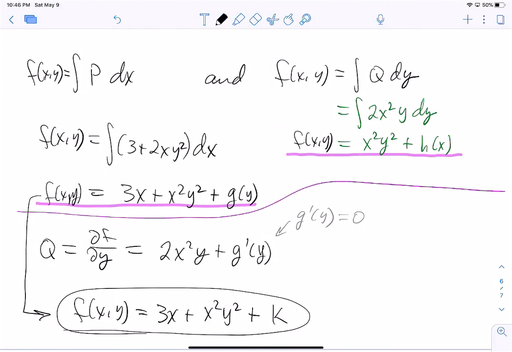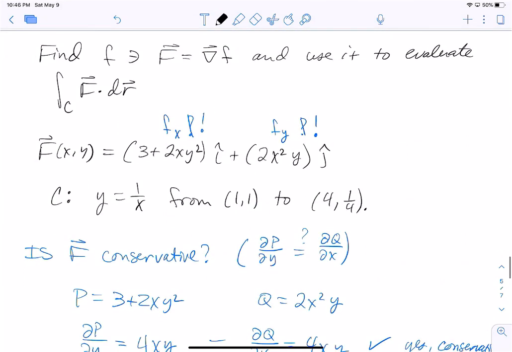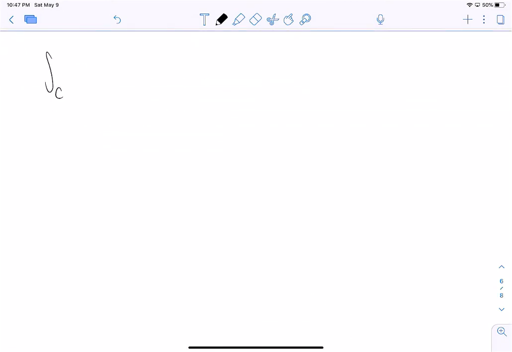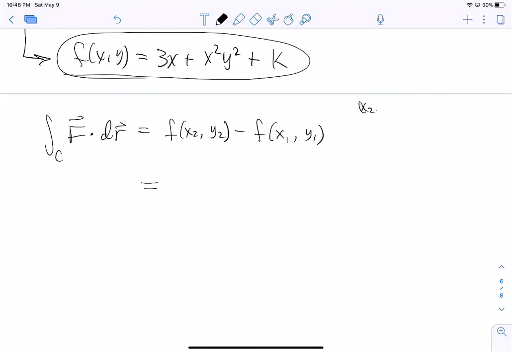Well, now that we have our potential function, we can evaluate the line integral over C of F dot dr. And since we have a potential function, we know that the line integral over C of F dot dr is equal to the potential function f evaluated at (x2, y2) minus the potential function f evaluated at (x1, y1). In this case, remember that (x2, y2) is equal to (4, 1/4), and (x1, y1) is equal to (1, 1).